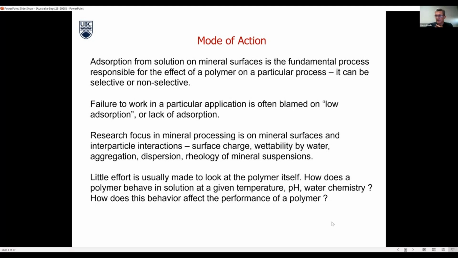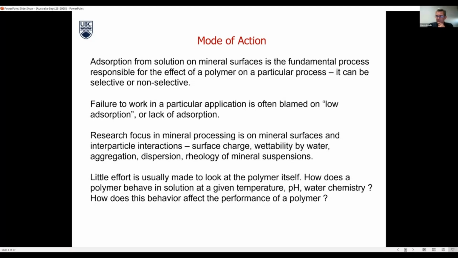So some of the questions that we were interested in are: how do these polymers behave in water? What's the intrinsic viscosity as a function of temperature, pH, ionic strength, and so on? And how does that behavior in water affect the flocculation performance of these polymers?